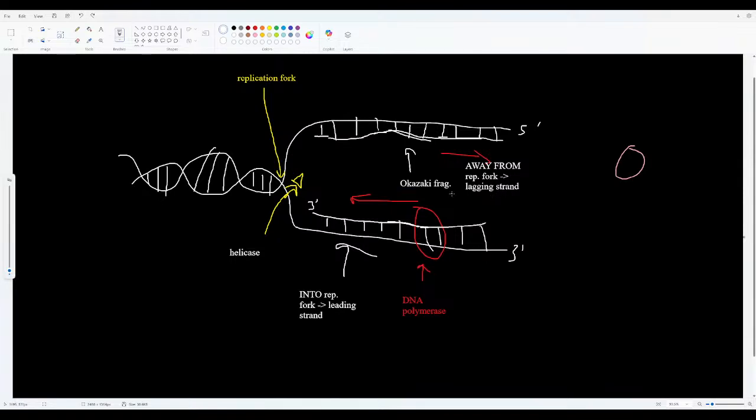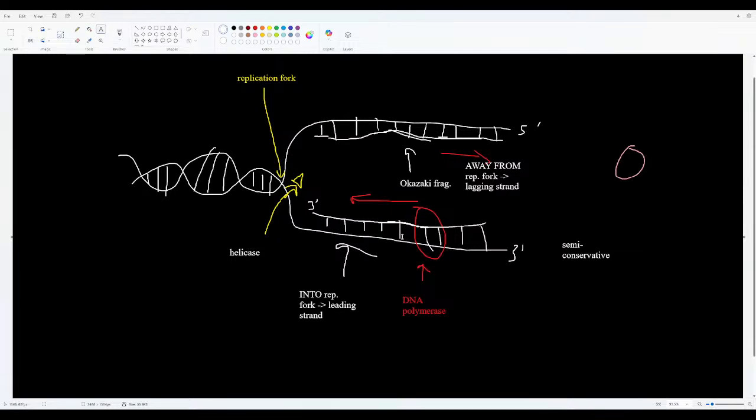We have one original strand, we split it in two, and from those two bits, we make more DNA. This process is known as semi-conservative. Semi-conservative means that we keep like half of that original bit, and we build off of it. So that's the basics of DNA replication.